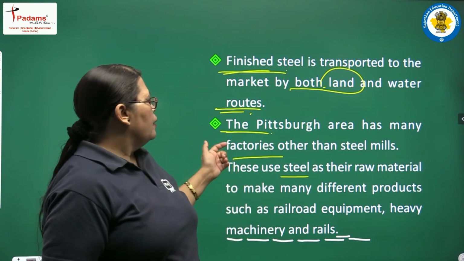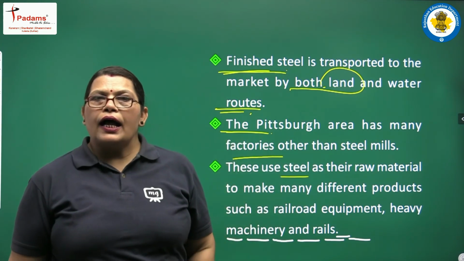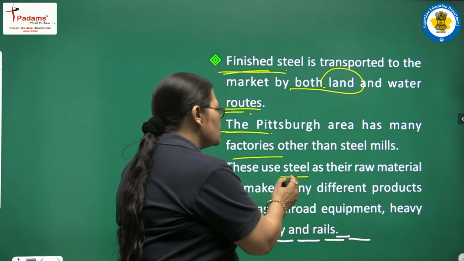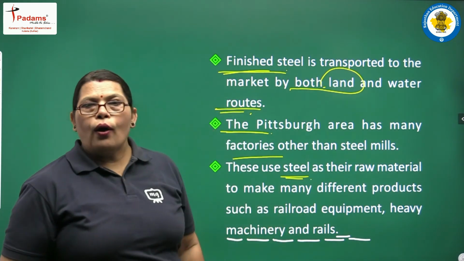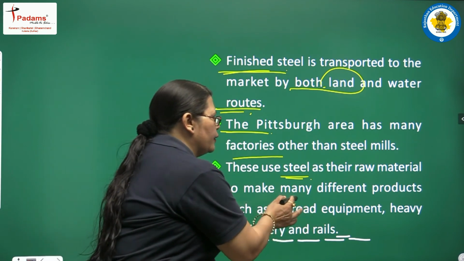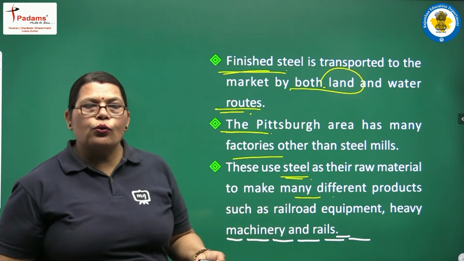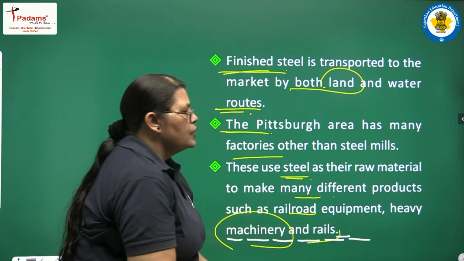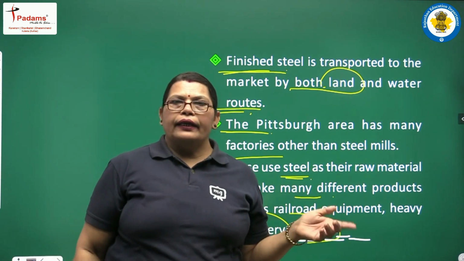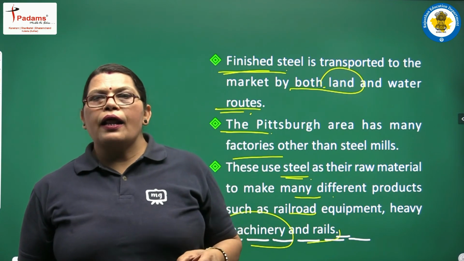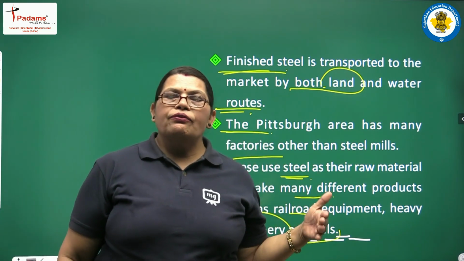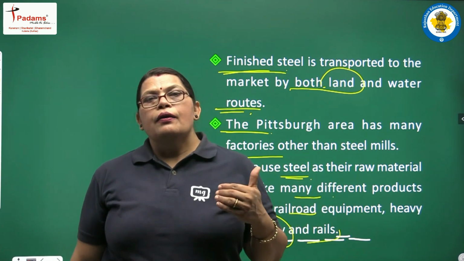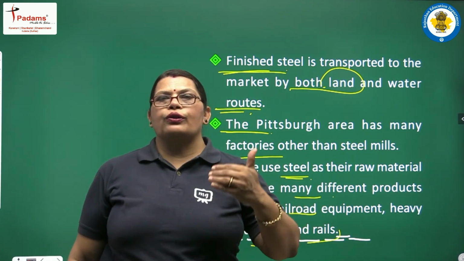Same in Pittsburgh, many other factories depend on steel mills. They use steel as their raw material to make many different products such as railroad equipment, heavy machinery and rails. So not only iron and steel industries are beneficial, but other factories based on them are also the main supplier of raw material.